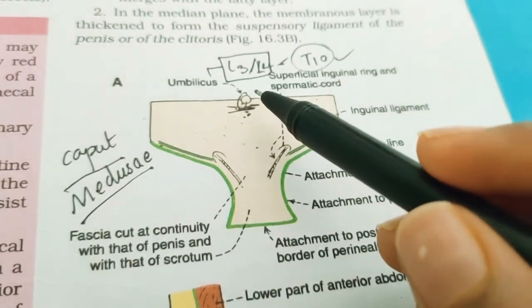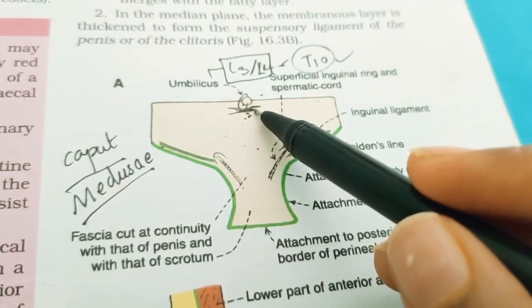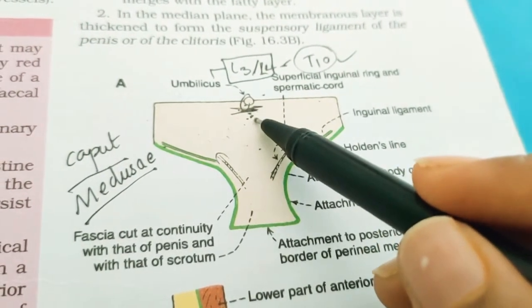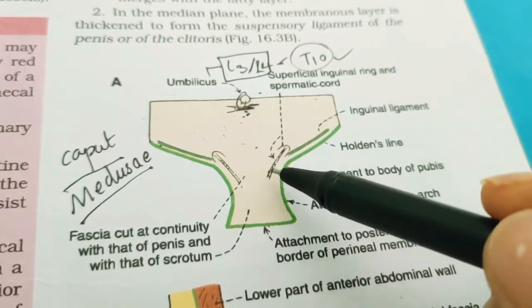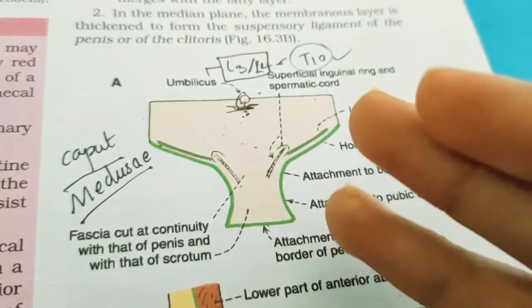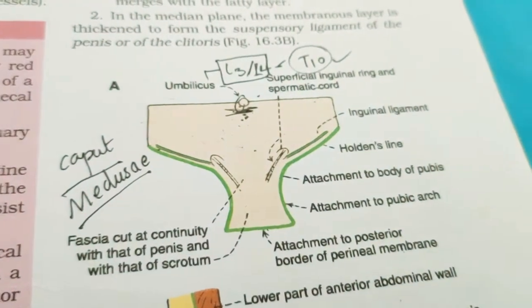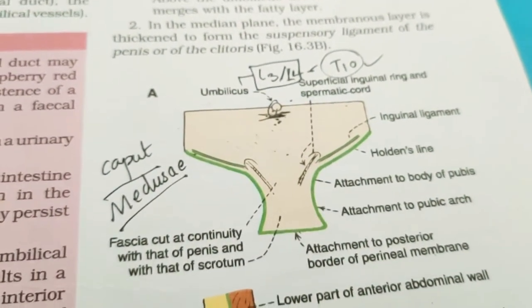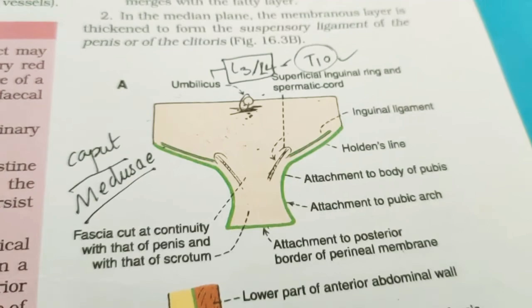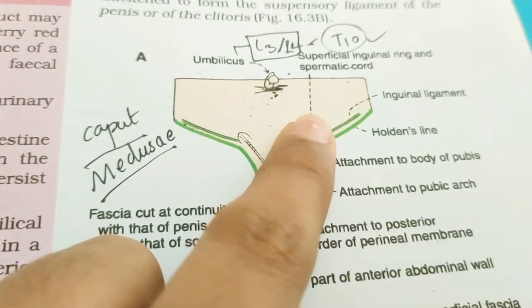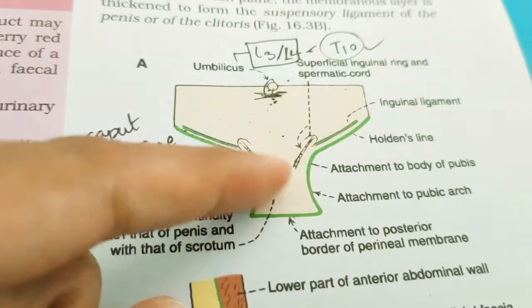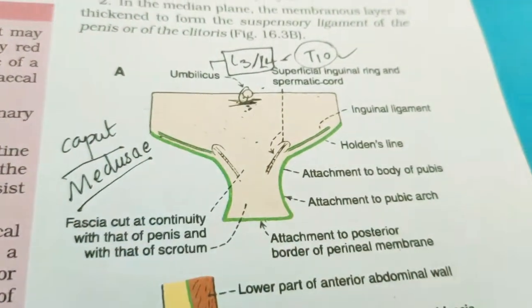And this is also a meeting point of three systems: you can see here the digestive system, that is the vitellointestinal duct, the excretory urachus, and also the vascular umbilical vessels. So you can see three important structures in embryological development are taking place here.